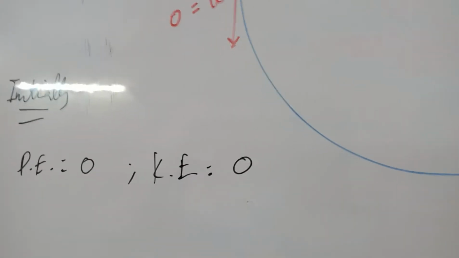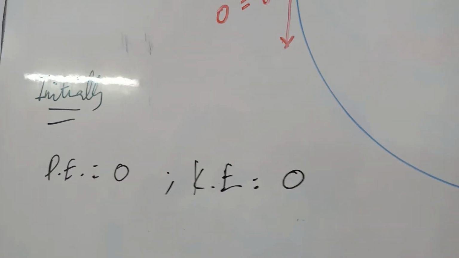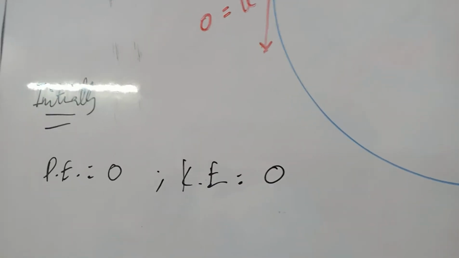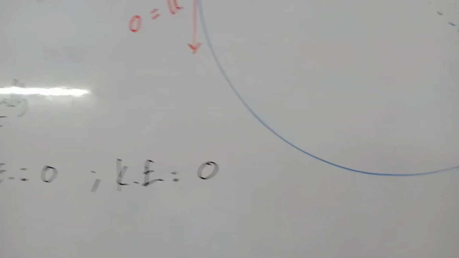So the sum of energies is going to be 0, which means that at whatever point you determine the sum of the energies, it will always be equal to 0. Now let's see what happens generally.